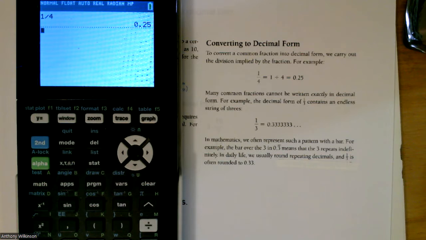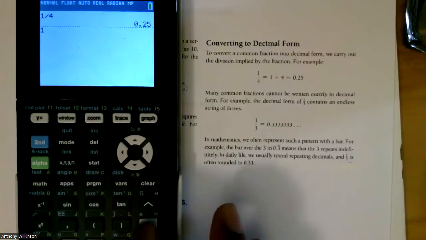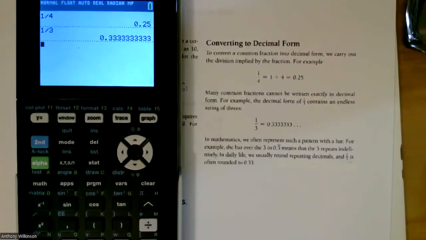And many common fractions cannot be written exactly in decimal form. For example, the decimal form of 1/3 contains an endless string of 3s. So if I was to do 1 divided by 3 on this calculator, you'll see the endless 3s, but it does repeat. So in mathematics, we often represent such a pattern with a bar on top.